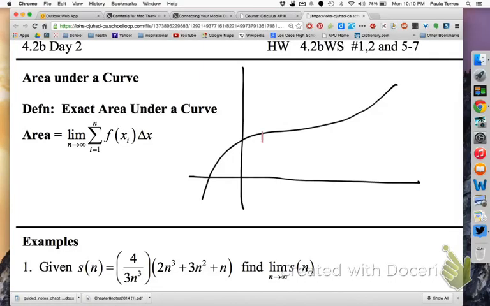So remember, right now we're looking at area under a curve by drawing in rectangles of equal width.